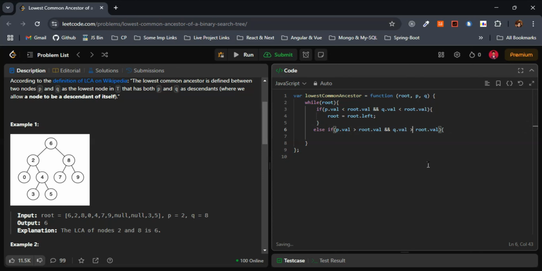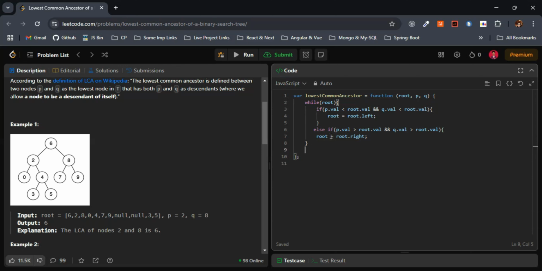Then both P and Q are larger here, so we are moving right. So I'll just give here root equals root dot right. This is simple.